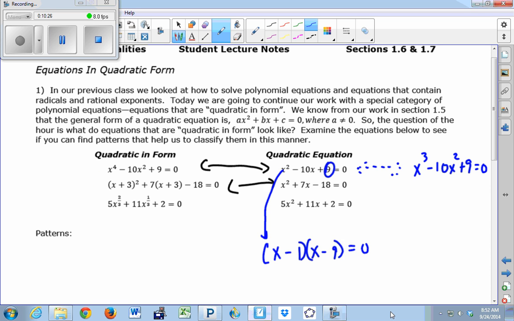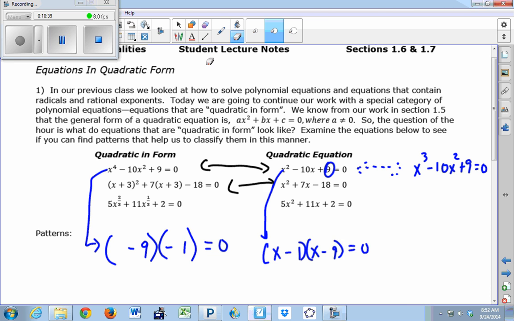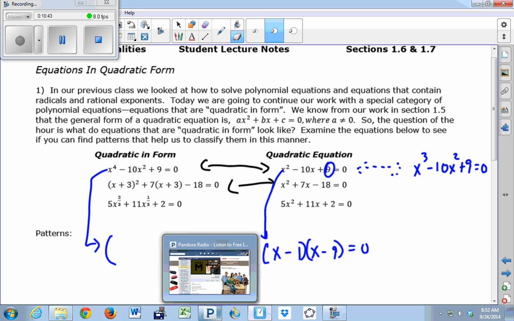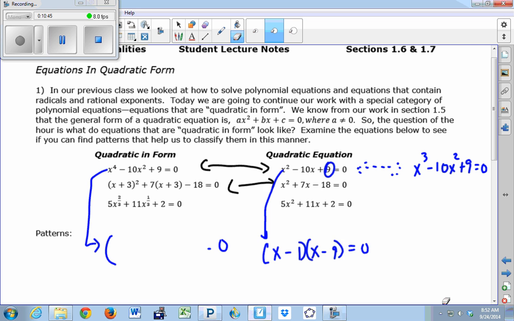Can we factor this one? What's the only difference between these two? What's the only difference? The power of x, right? So this first one is x squared minus 1 times x squared minus 9.